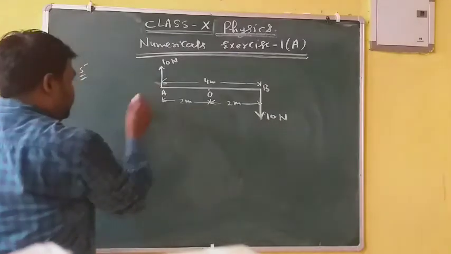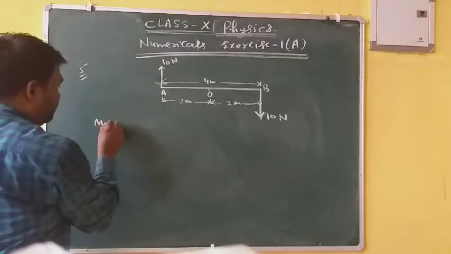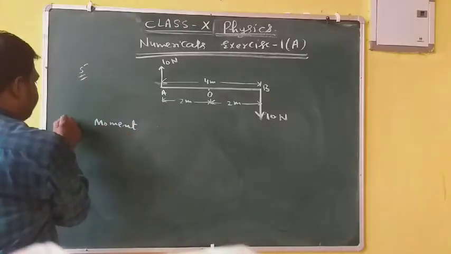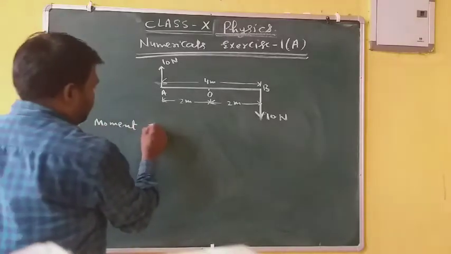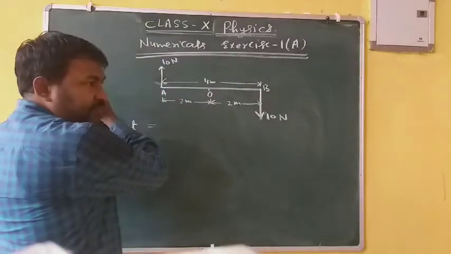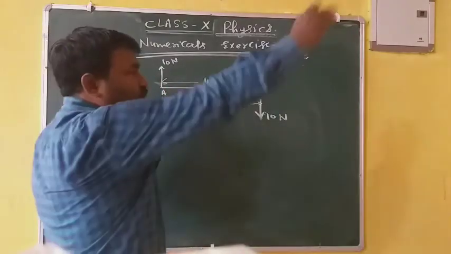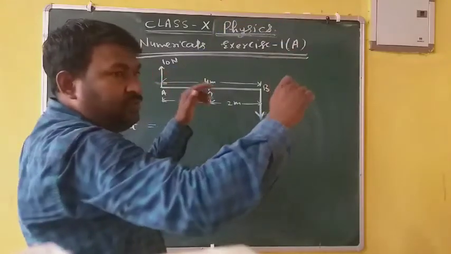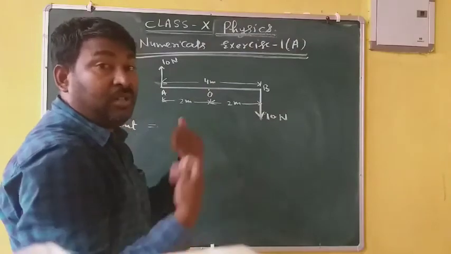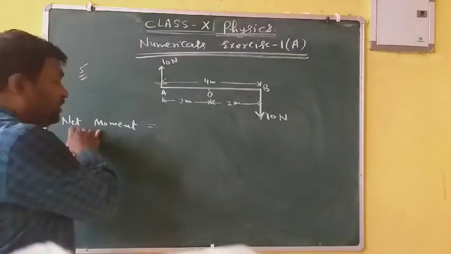So net moment or total moment: starting from the leftmost side, go to the rightmost and take moment of all the forces acting on the body.